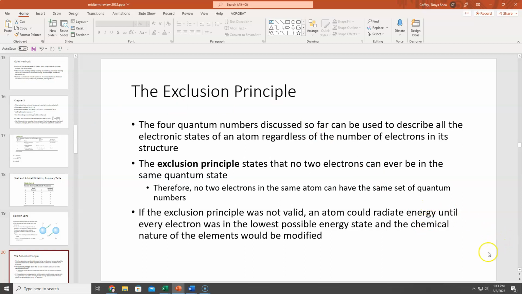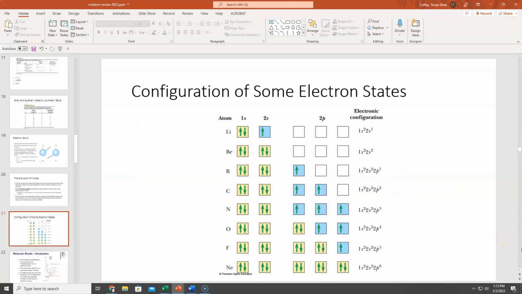It's actually a little bit more valid than just atoms, okay? The Pauli exclusion principle in its entirety will actually tell you that no 2 fermions operating under the same potential well can ever have the exact same set of quantum numbers. So you can explain the configuration of the electrons in the periodic table by thinking about the Pauli exclusion principle and then some other rules that guide it.